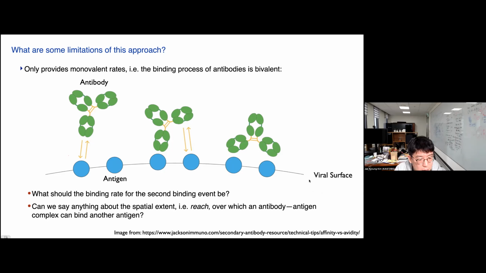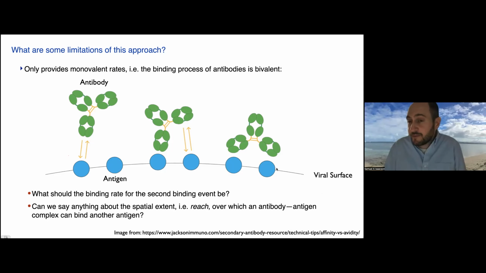So imagine this is my viral surface. These are my antigen receptor, the SARS-CoV receptor binding domain of spike protein. And these are some antibody to it. So the typical process will be my antibody will come in and one of its arms will bind. But now once this one is tethered here, the other one can kind of flop around and try to bind to another antigen. Yes.